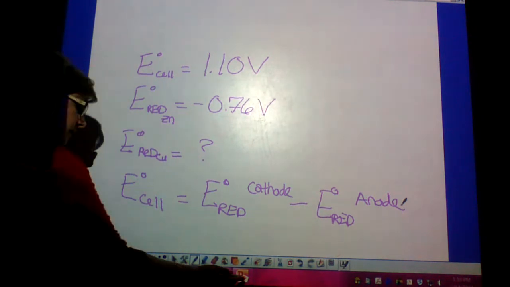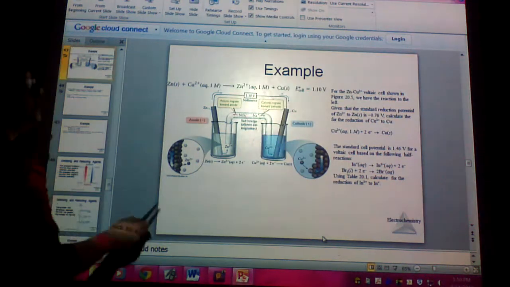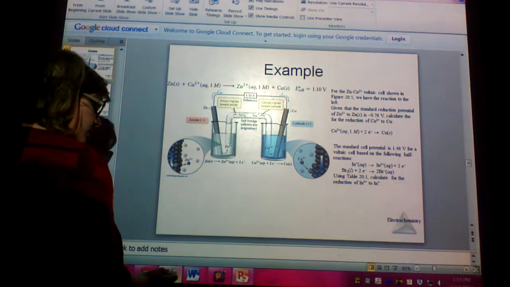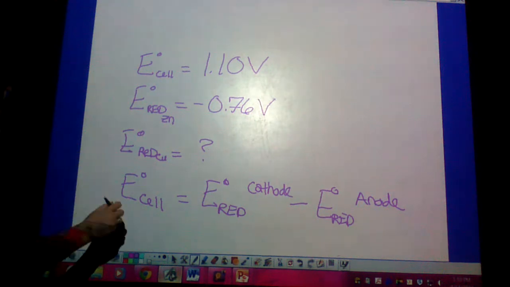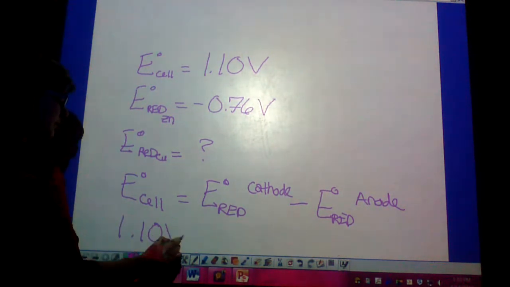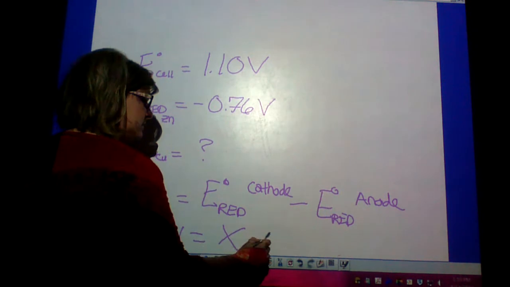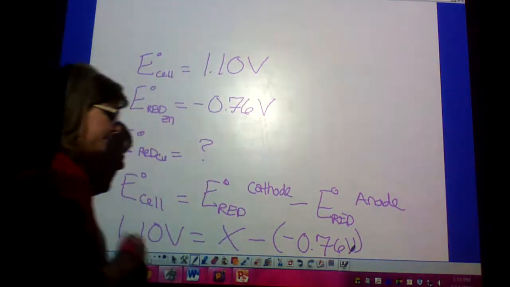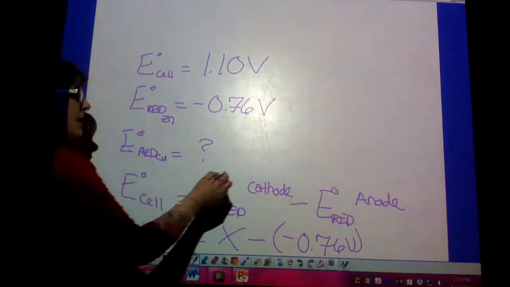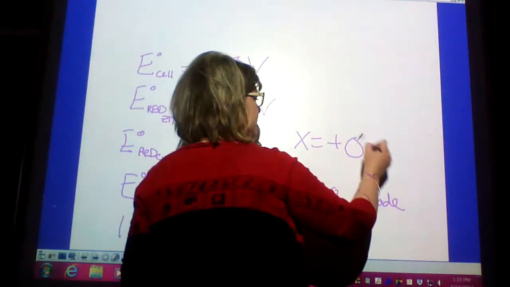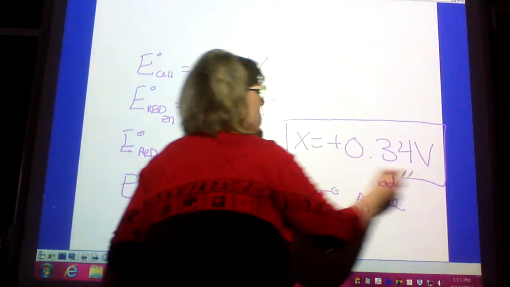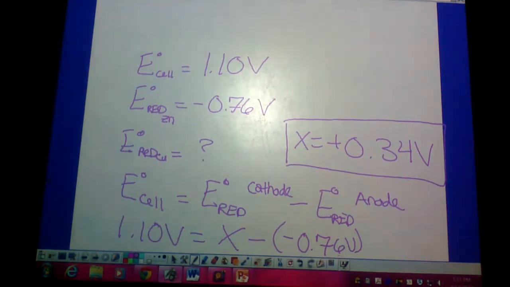If I go back to my figure, zinc is here at the anode, and that means copper is here at the cathode. So if zinc is at the anode, this is going to be 1.10 volts equals X minus a negative 0.76 volts. If I do my math here, I'm going to get X to be equal to a positive 0.34 volts. And if you look on your standard reduction potentials page, we should find that that is the same thing as what copper should be.